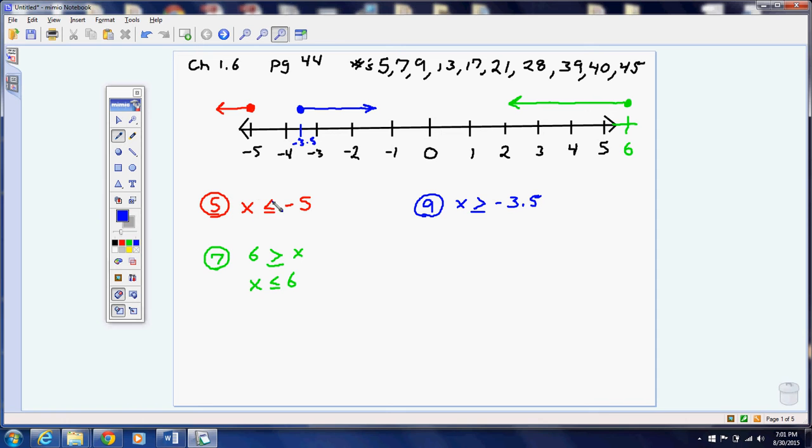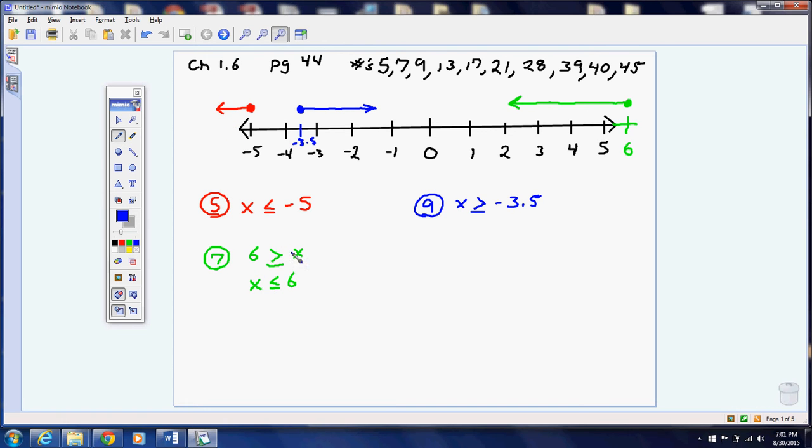And take note also that our inequality signs are pointing the same direction as our graphs when X is on the left side. So here we've got our inequality sign pointing to the left. Our graph is also pointing to the left.